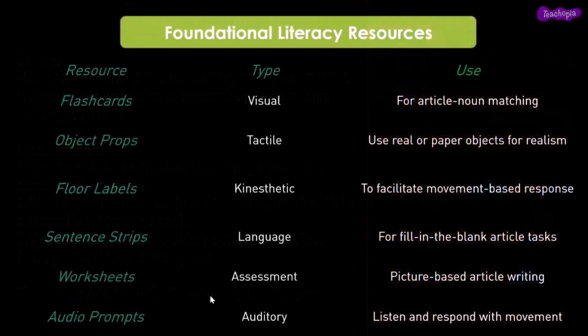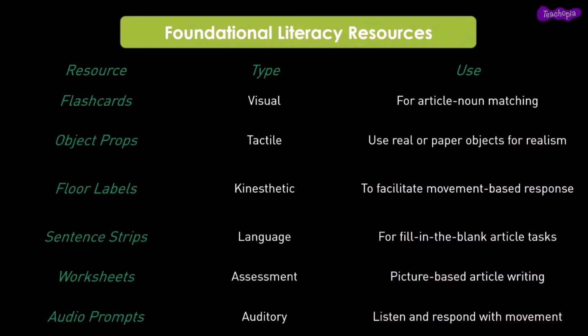The foundational literacy resources are as follows. Flashcards are the visual type which can be used for article-noun matching. Object props which are tactile and can use real or paper objects to be more realistic. Floor labels, which is the kinesthetic type, it facilitates movement-based responses.